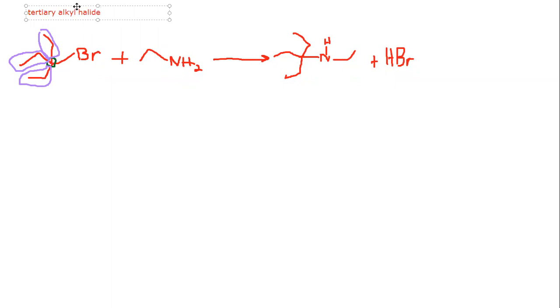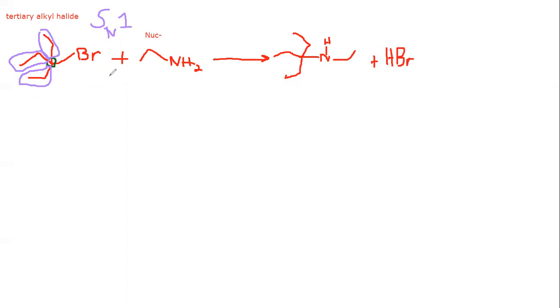They have a lot of what we call steric hindrance. So the fact that there's a lot of steric hindrance means it's going to be very hard for the nucleophile, and again, the nucleophile is an amine, to perform a backside attack when you have all these bulky groups, aka steric hindrance, around that carbon. So when you have a tertiary alkyl halide, it's going to prefer to undergo an SN1 mechanism.